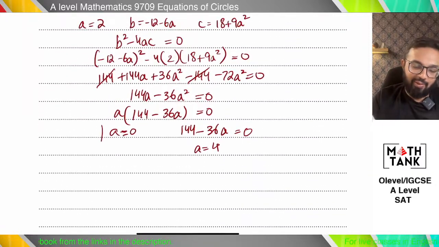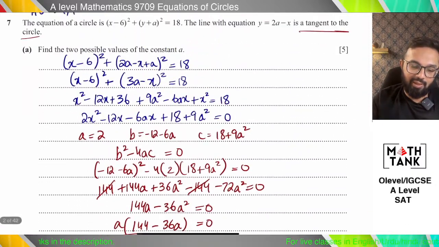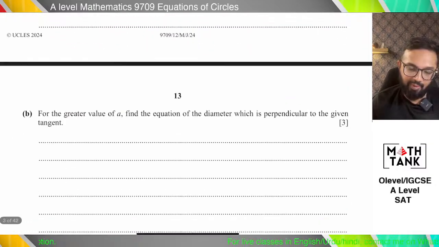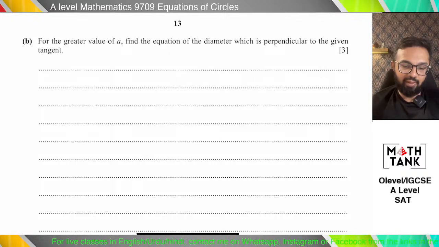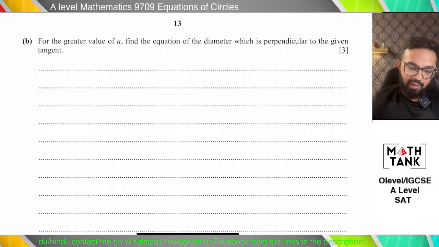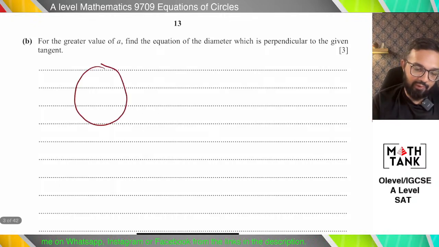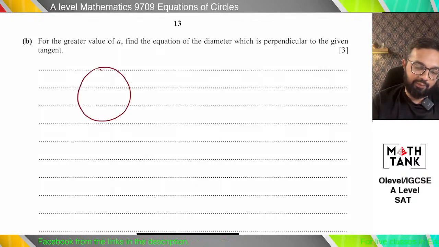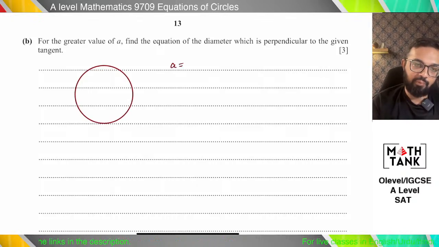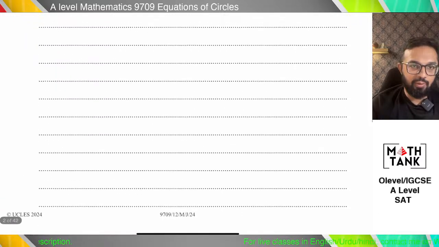Okay, so the two values of a are a equals 0 and a equals 4. Then it says for the greater value of a, find the equation of the diameter which is perpendicular to the given tangent. For the greater value of a, so I'm taking a as 4.